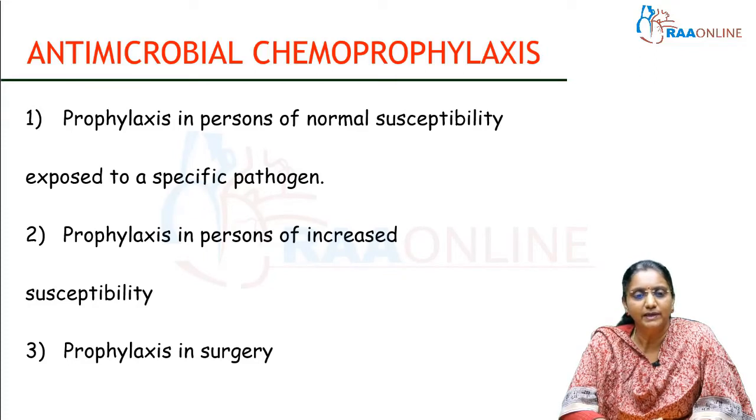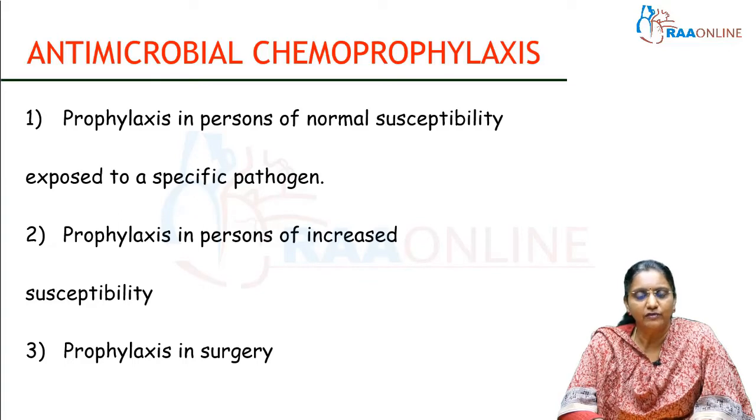This can be done in 3 types of conditions. One is a person with a normal immune system, but who is exposed to specific dangerous pathogens. So we give a prophylaxis, for example, in the case of people exposed to meningococcus, which causes meningitis.